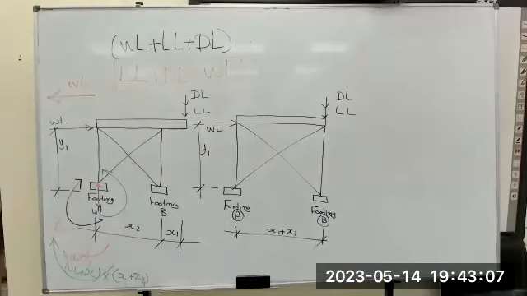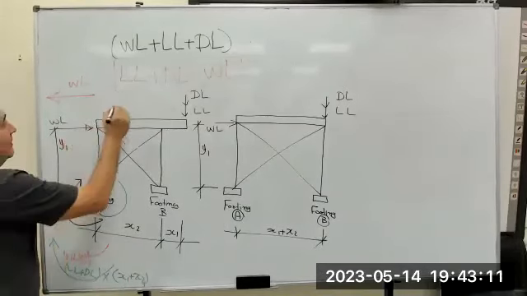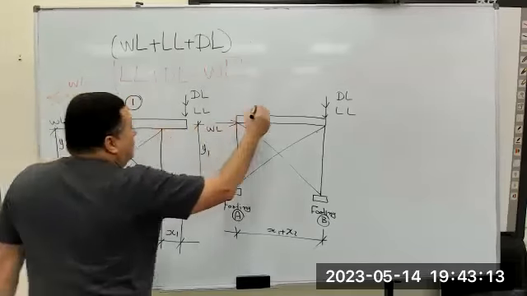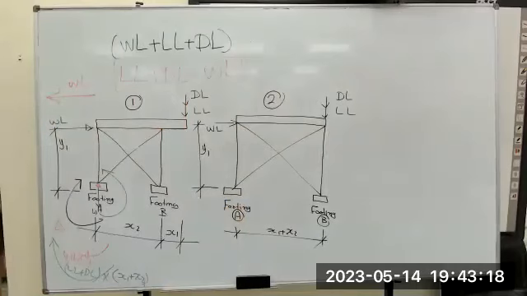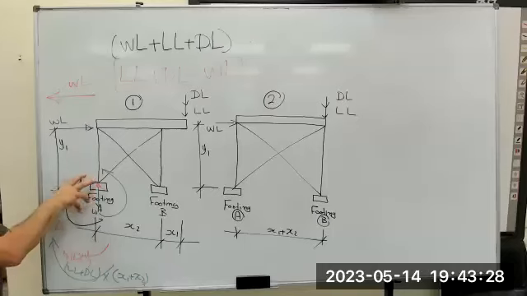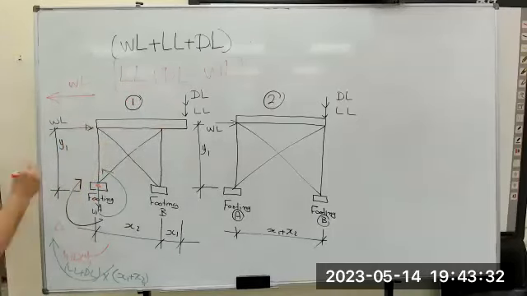For system number A, this is system number 1, system number 2. What will happen for footing A, footing B? If you have uplifting here, all the system will go in this direction.